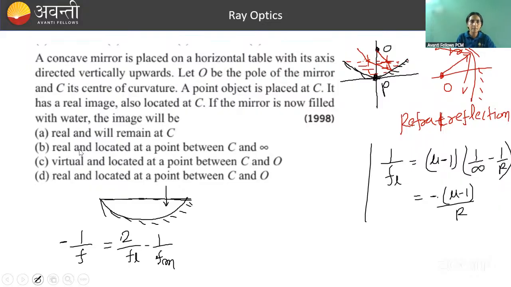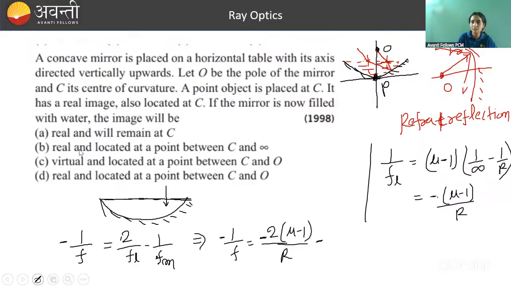Now if you solve it, minus 1 by f net is equal to 2 by f lens, and 1 by f lens is this. So from here you write 2 mu minus 1 divided by r with a negative sign, because we got negative here, minus 1 by f mirror.